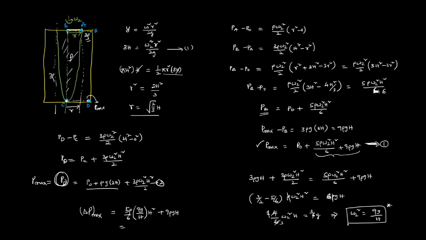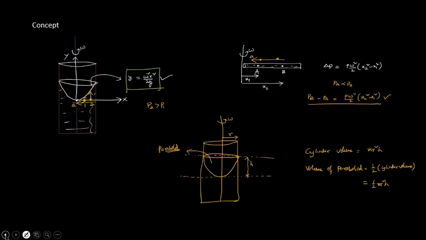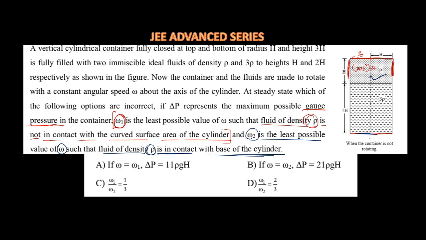Then h cancels, it is 3 by 2, then it is 15 rho gh by 2 plus 9 rho gh, 18 plus 15, it is 33 rho gh by 2. So obviously this is not the answer, I feel. Let us check.